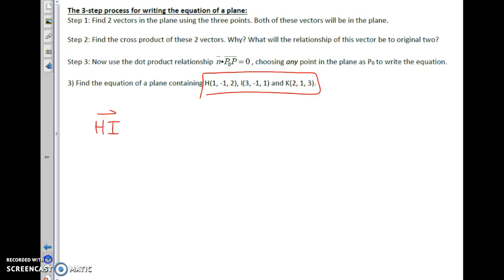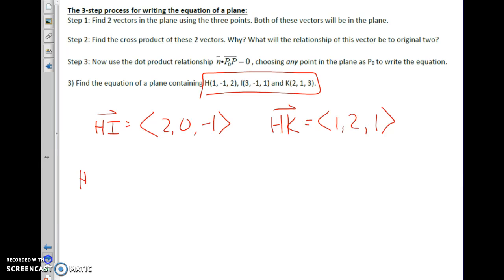So I'm just going to go H to I, because I can easily see that from 1 to 3 is 2, -1 to -1 is 0, 2 to 1 is -1. And the second vector I've chosen to write is H to K: 1 to 2, -1 to 1, 2 to 3.